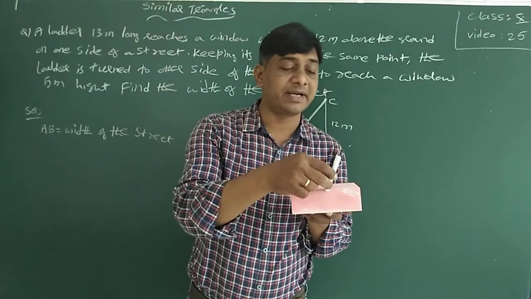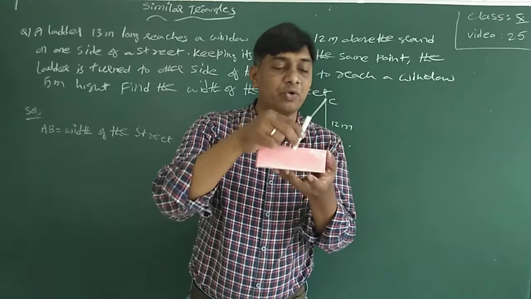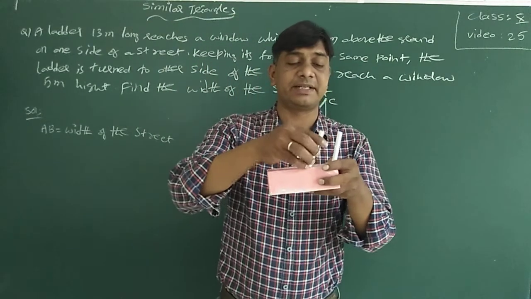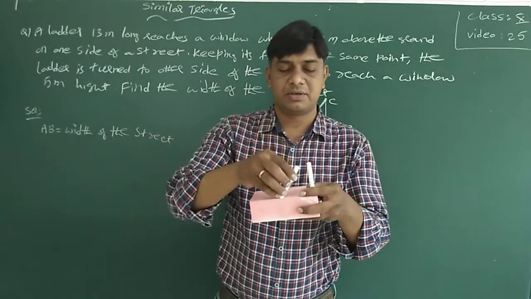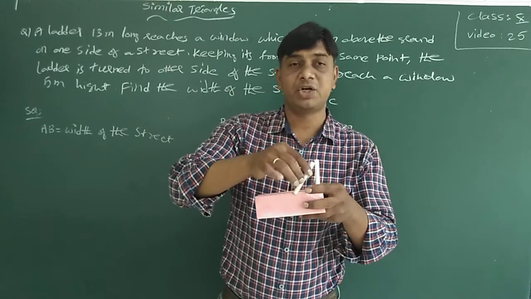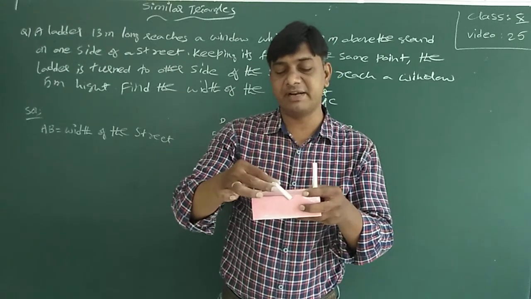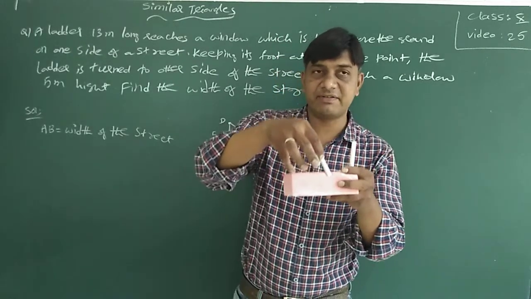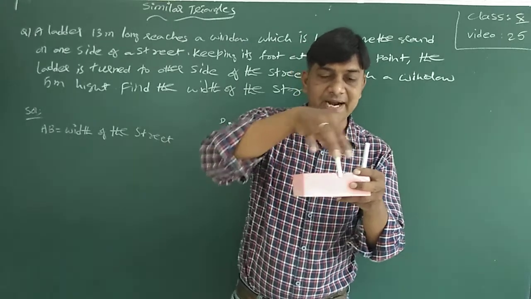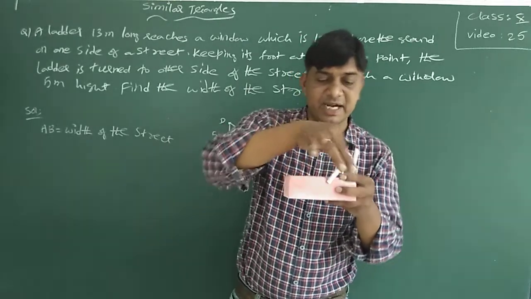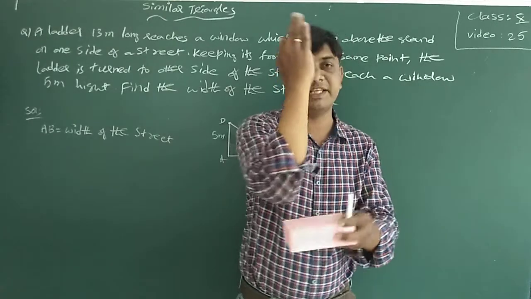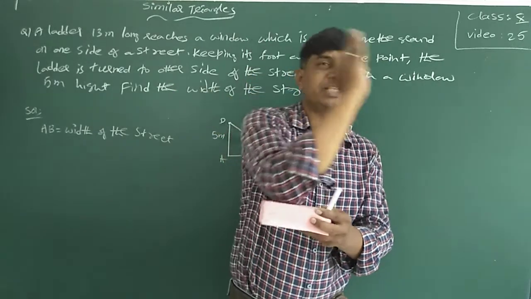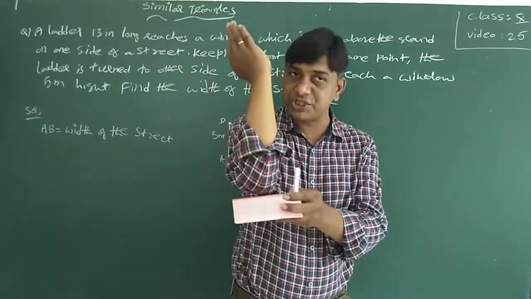Here somewhere a point is there. Here I kept a ladder, and it is reaching 12 meters height on this side. Again on this side one more window is there, which is 5 meters above. It means the ladder position is the same only; you are changing the direction of the ladder, not the position of the ladder.